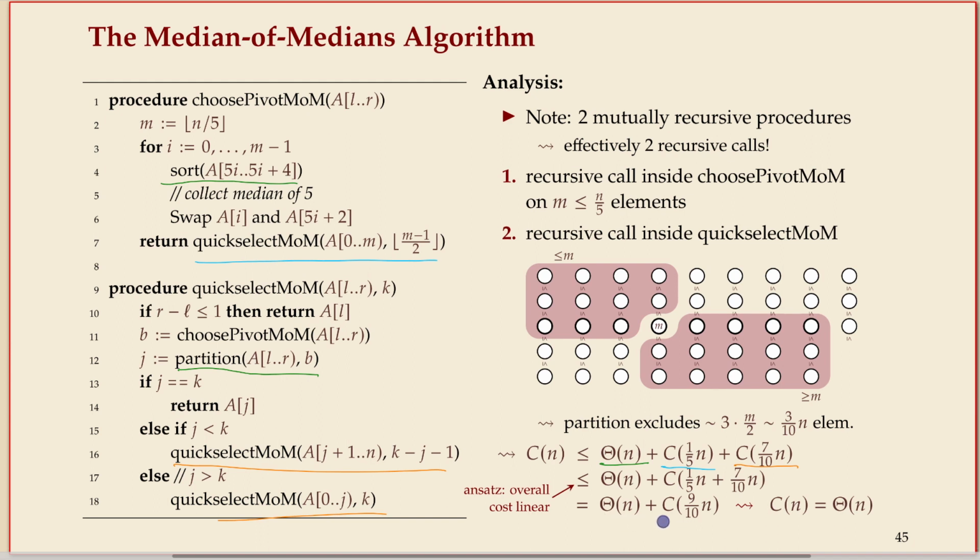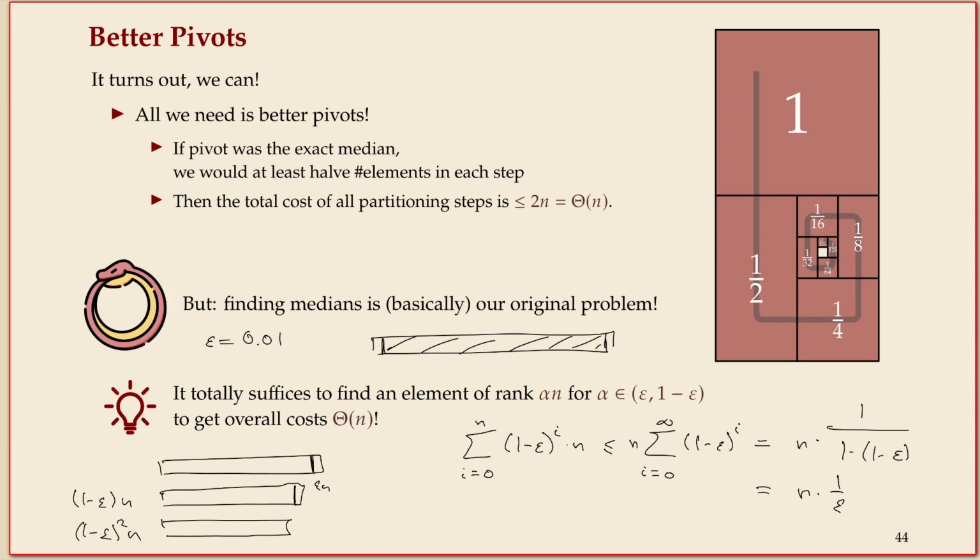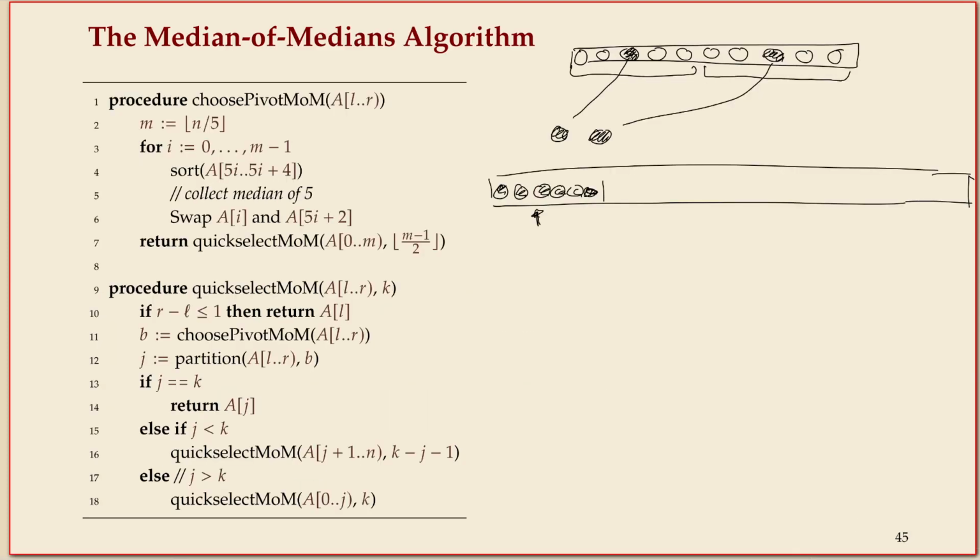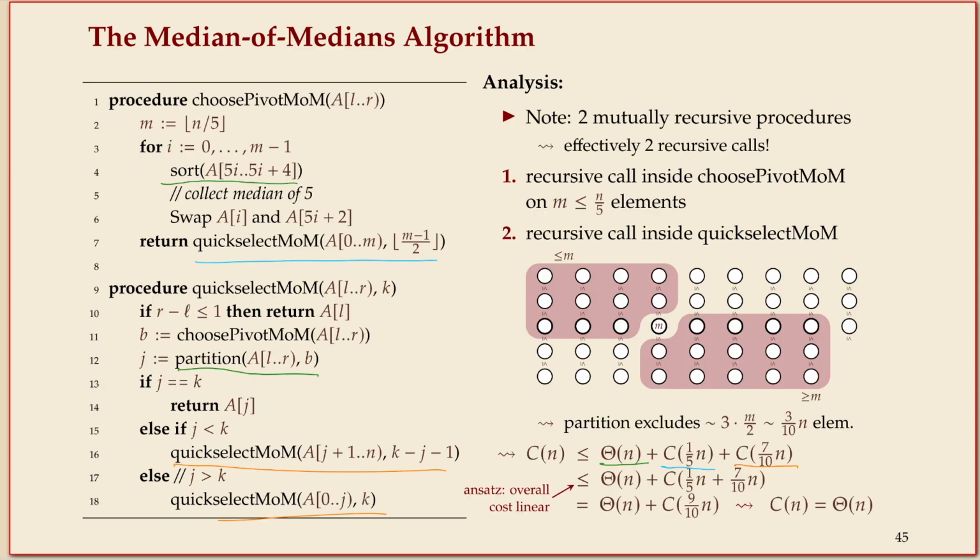And so we spend linear time, but then we recurse on something that's a constant bit smaller. So if you remember what we did before, that's exactly the situation I drew here, except that our epsilon is actually 0.1, not 0.01. So what we'll get as result will be 10 times n. And so that's how you get linear time for this.